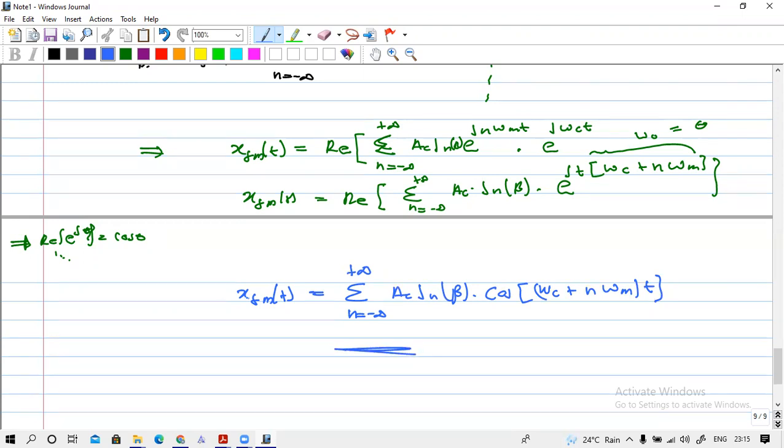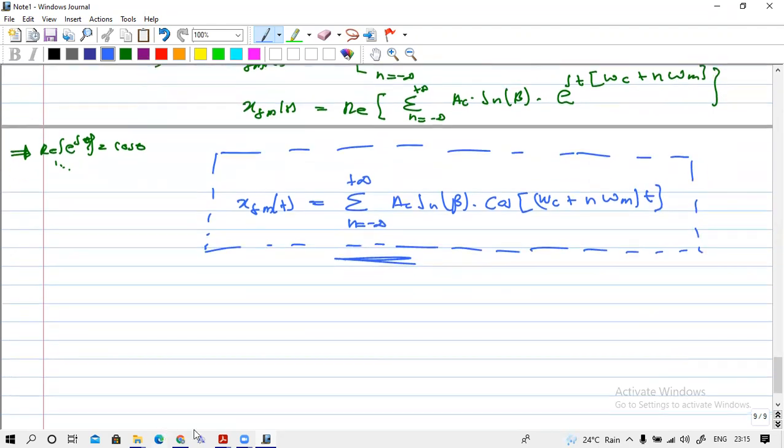This is our modulated signal, and we write it as a collection of harmonics with Bessel function coefficients.